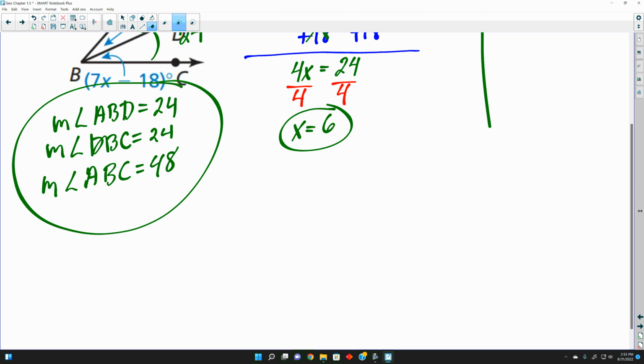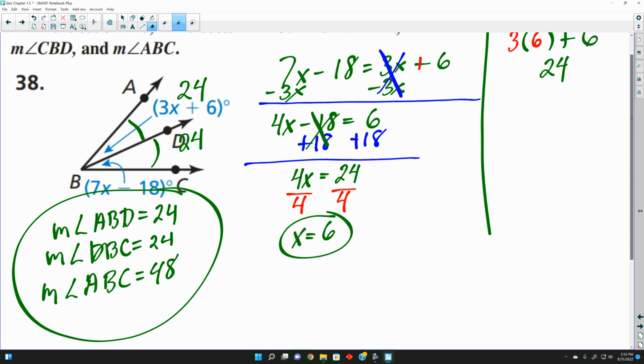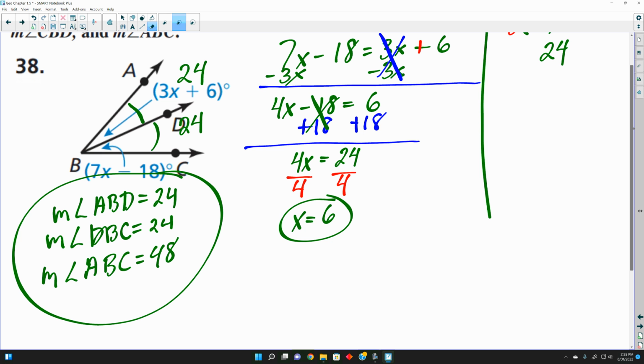Now on the test, I will have a lot of these written out for you. Measure of angle this equals blank, and put the spaces for you so you can fill them in. But make sure you're putting the right numbers with the right ones. Okay? So again, it'd be paying attention to which one's which.